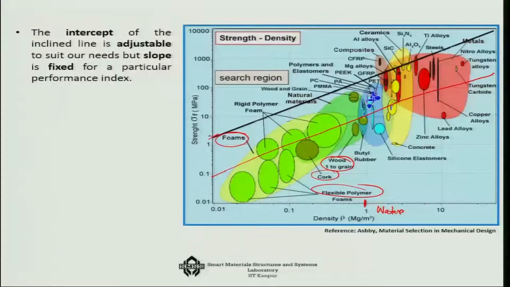If I consider the C value as something like 1 MPa or so, then they do not come into the picture in the current condition. And then what comes into picture? Gradually, if we go up, we start to see at the higher density side that we have some of the high performance polymers like PEEK, polyether ether ketone, polyaniline, PMMA, this type of polymers will come.